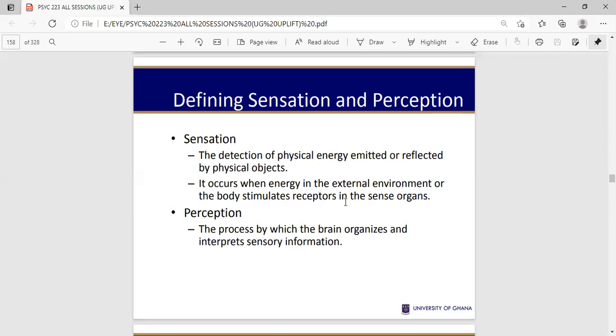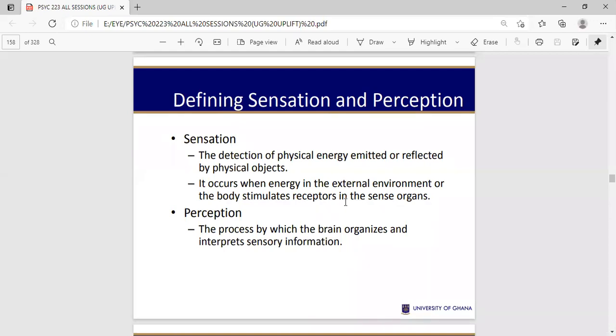So we have five sense organs, and these organs are the ones that pick information from the environment. When that happens, sensation has taken place. Afterwards, that information is sent to the brain for interpretation. When interpretation has been done, then we call it perception.